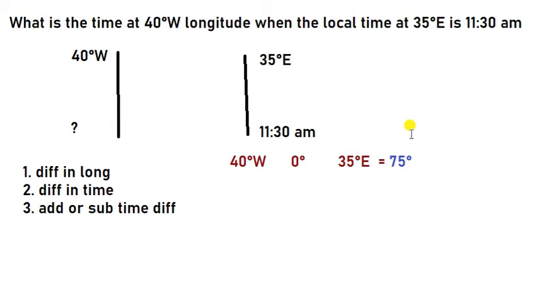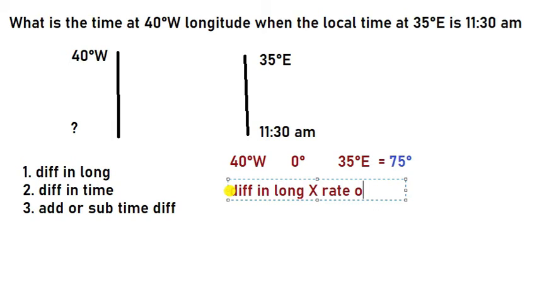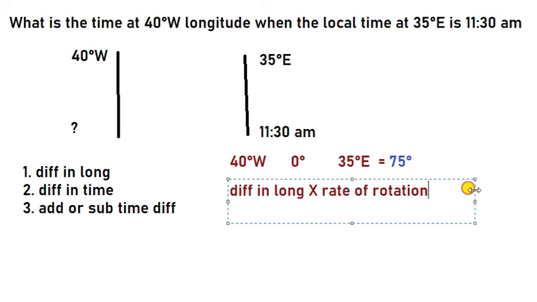Now, the second thing is to calculate the difference in time. So the formula to calculate difference in time is equal to the difference in longitude multiplied by the rate of rotation of earth. Here the rate of rotation of earth in minutes needs to be taken.